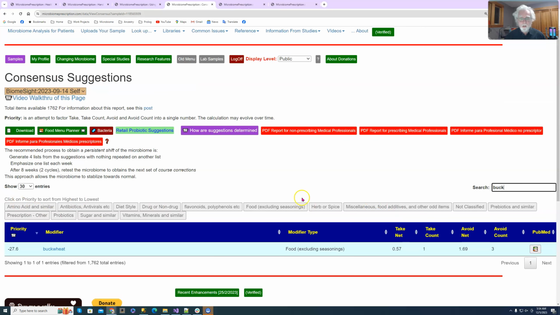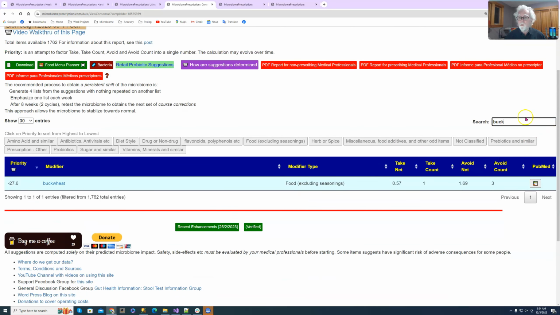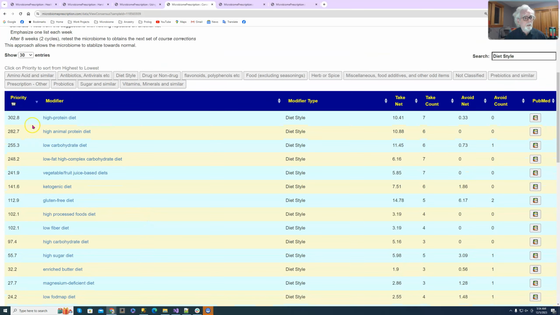So let's go back and just take a quick look at things. Let's take a look at diet style. Basically, high protein, high animal fat shows up twice. Low, so we have low fat starting up there, complex carbohydrates. Note we have low carbohydrate, but we also have high carbohydrates.